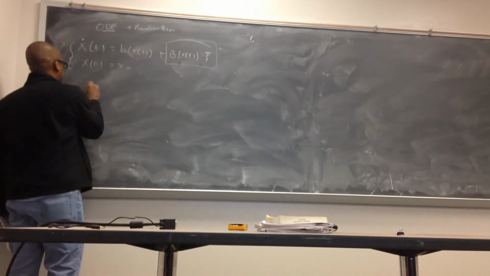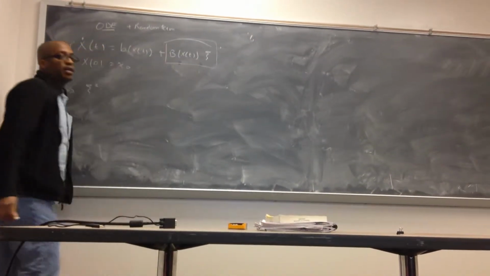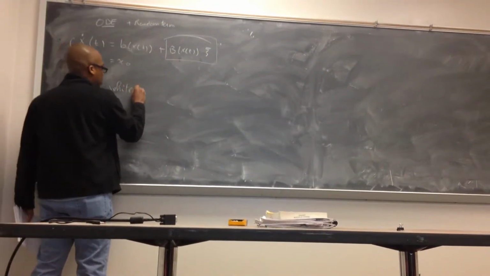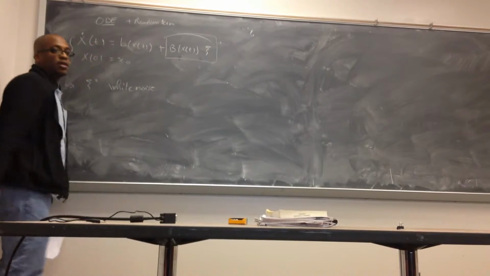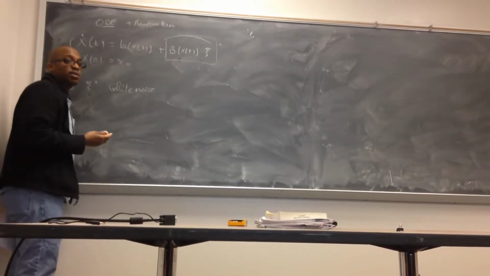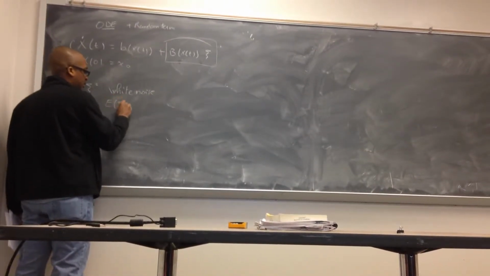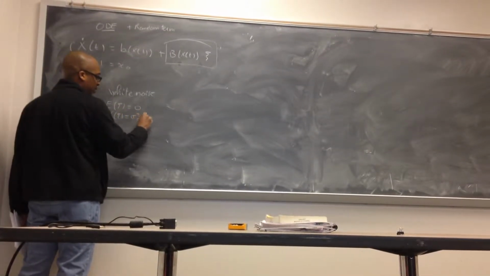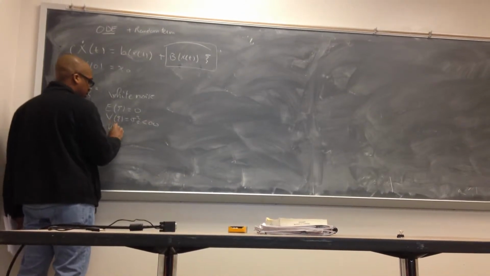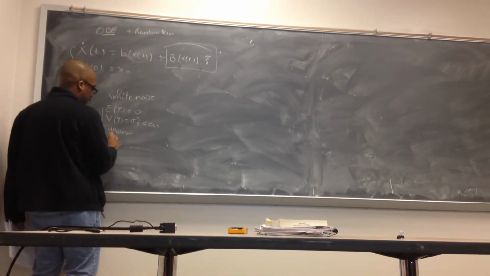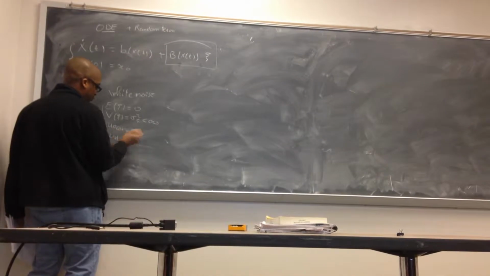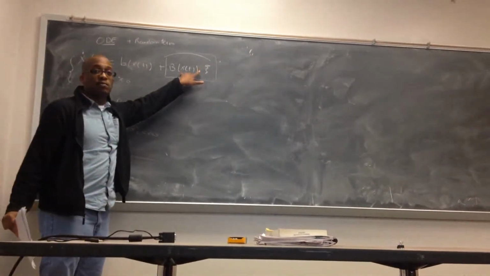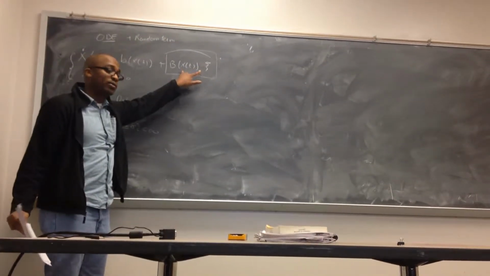Generally researchers use white noise, a stochastic process such that the mean equals 0, the variance is finite, it's uncorrelated, and you have independent increments. So generally to model the random term, you use white noise.